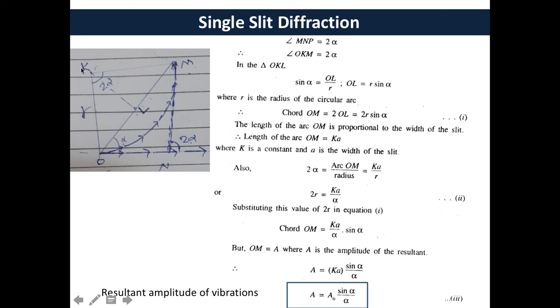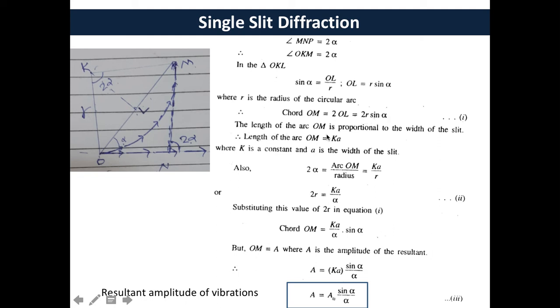In the triangle OKL, if we take sine alpha is equal to OL divided by OK, OL divided by R. So OL is equal to R sine alpha, where R is the radius of the circular arc. This chord OM is nothing but 2 OL, so 2R sine alpha.